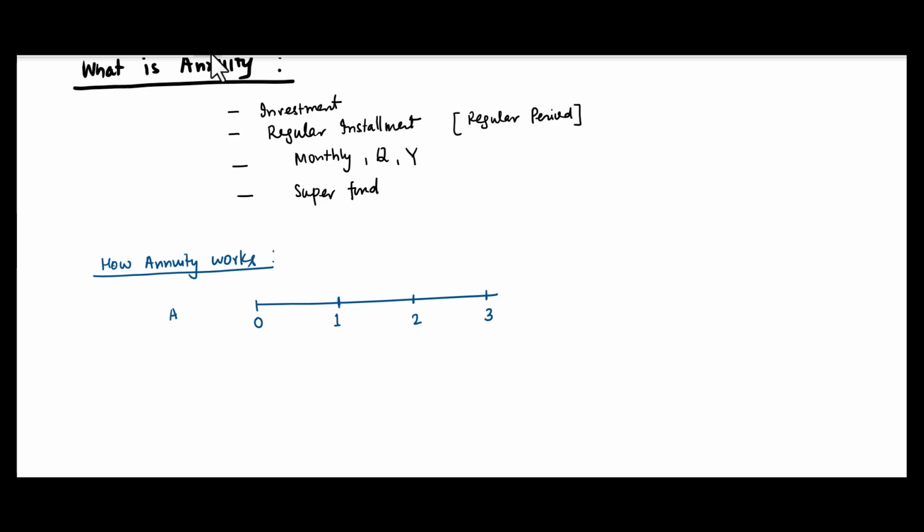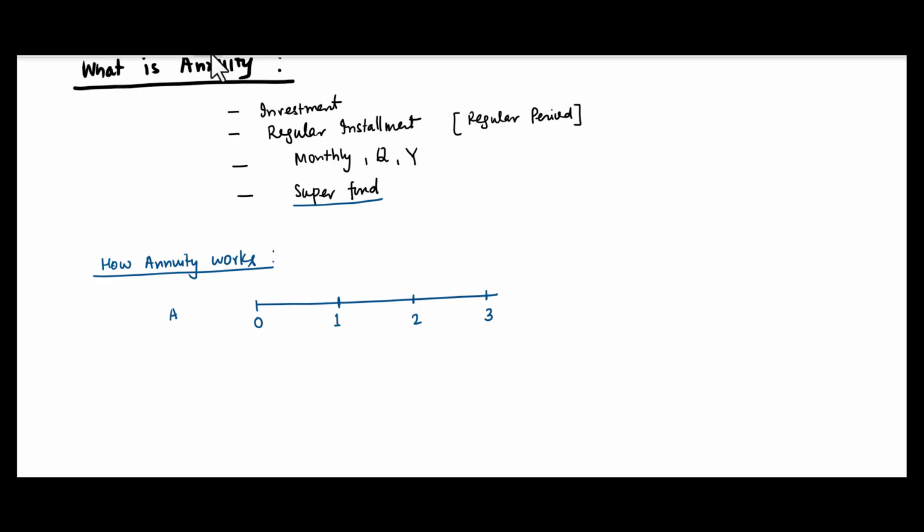For simplicity, I'll take these as months, and super fund is a good example, so I'll take that as a month. It does not matter whether it is a month or year. What matters is whether the compounding is happening monthly, yearly or quarterly, because that will define your final amount.